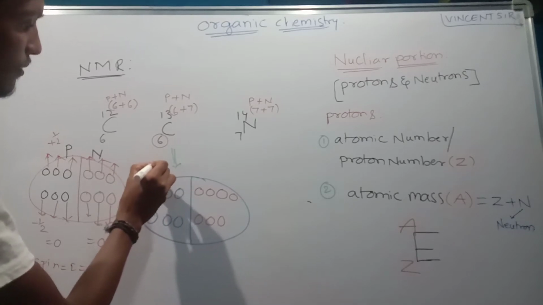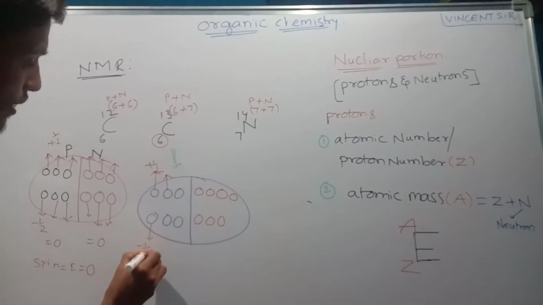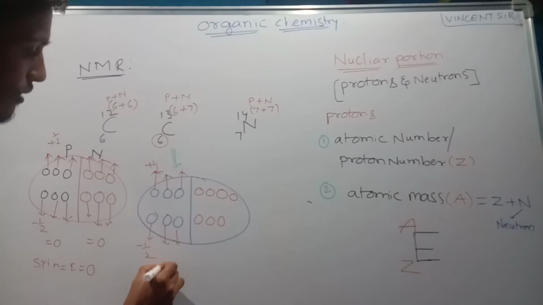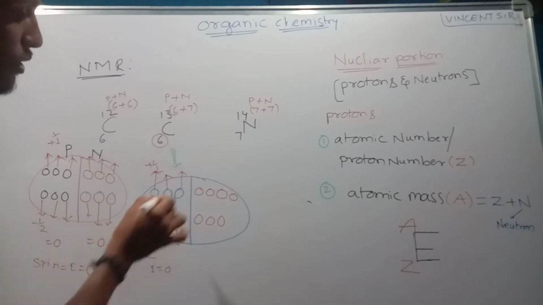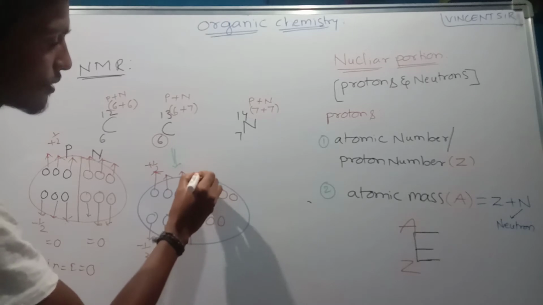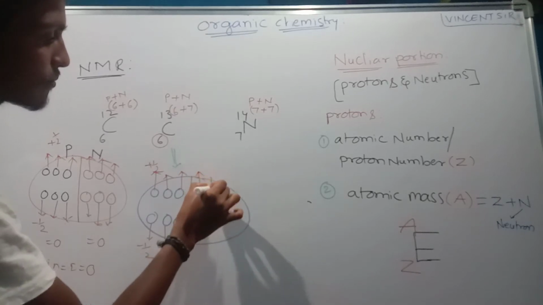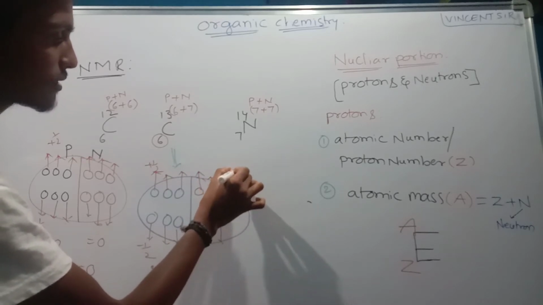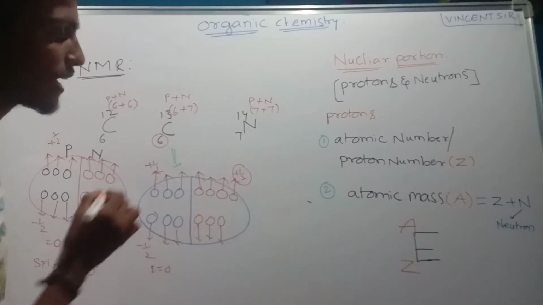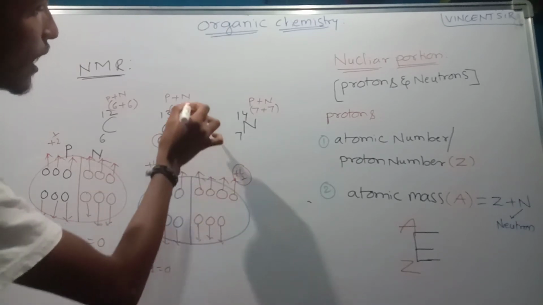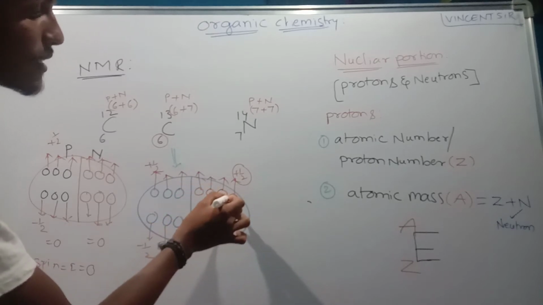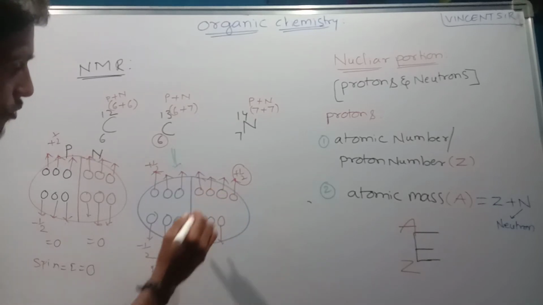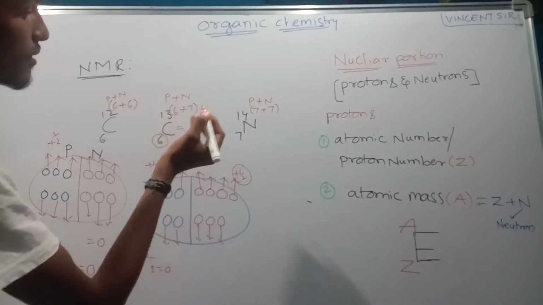Plus and minus, plus and minus, plus and minus, so I equals 0 for these, and for this, plus and minus, plus and minus, plus and minus. Then this is the extra neutron present in the atom, which is responsible for nuclear magnetic resonance spectroscopy, and the spin quantum number of this element is plus one half.